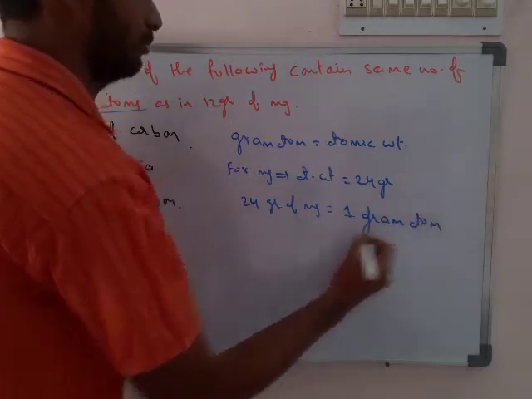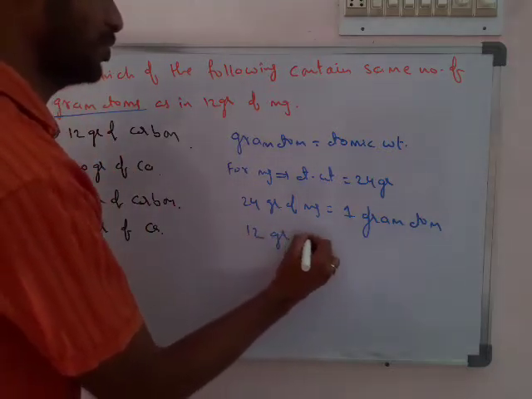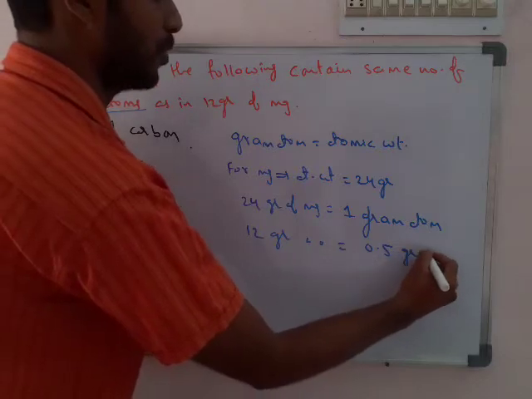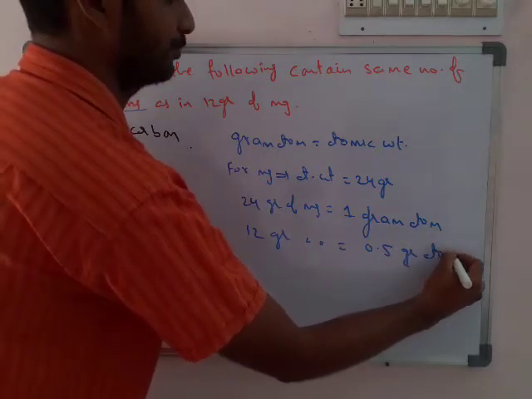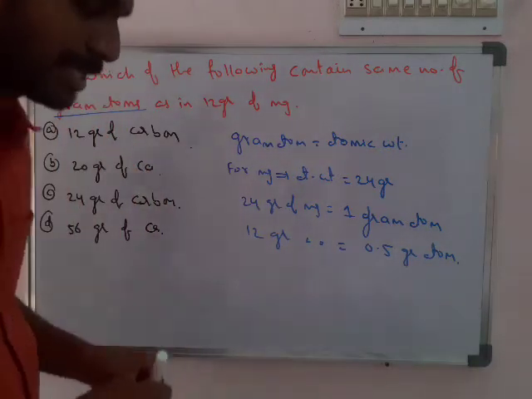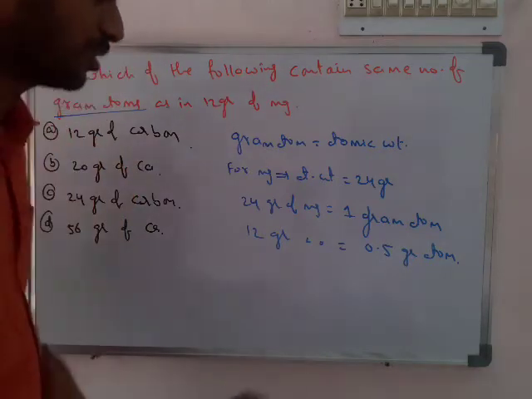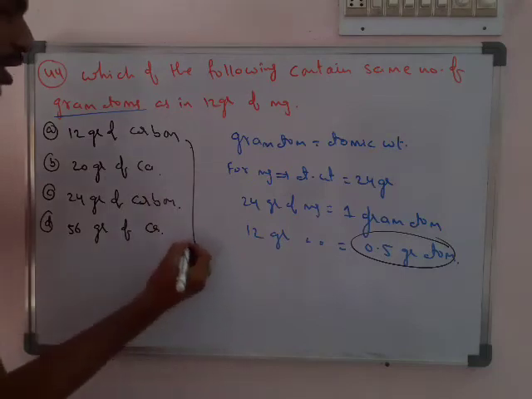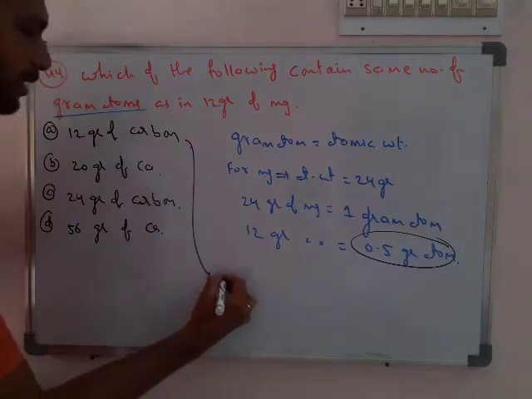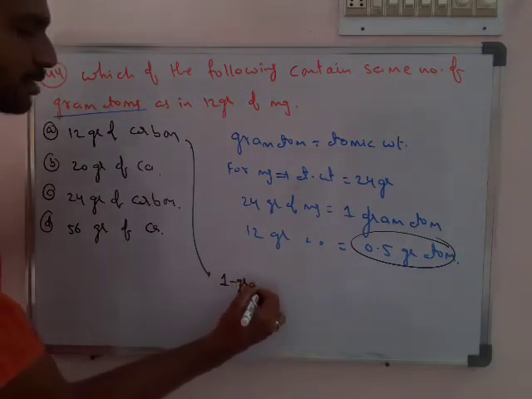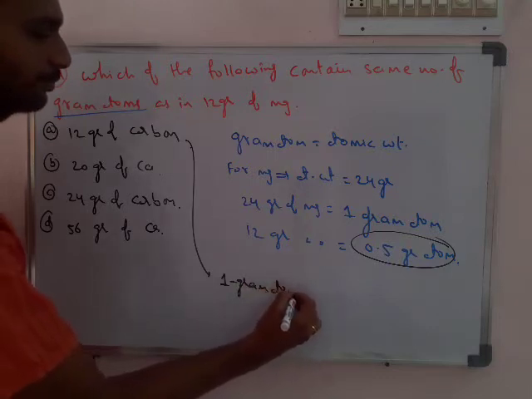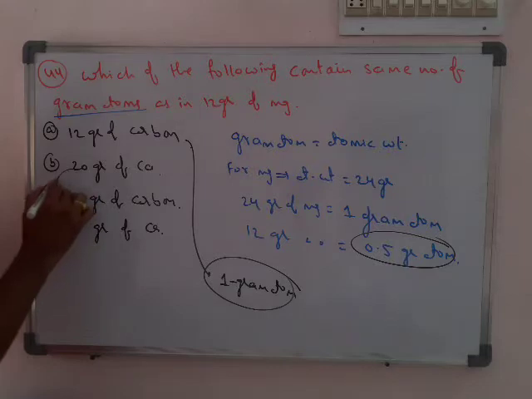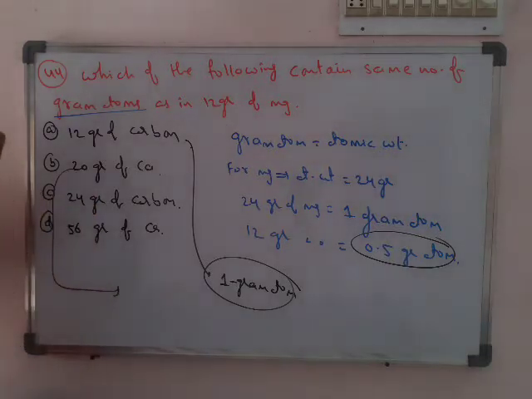Here 24 grams of magnesium equals 1 gram atom. Then what about 12 grams? 12 grams of magnesium is 1 by 2, so 0.5 gram atom. So we have to check in the options which one has 0.5 gram atom. 12 grams of carbon is nothing but 1 gram atom. Next, 20 grams of calcium.